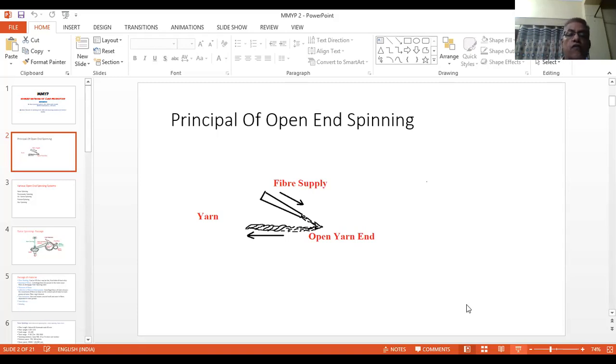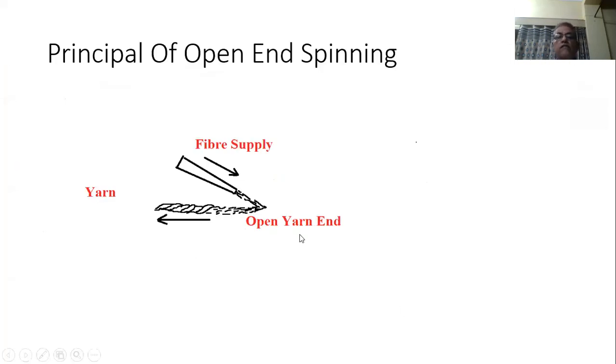Before this we have already studied the principle of open end spinning, in which I have told you that open end spinning is basically conversion of fiber material, sliver, to the individual fibers, and then an open yarn end is introduced, which is revolving at very high speed, and then fibers are attaching to this open end of the yarn.